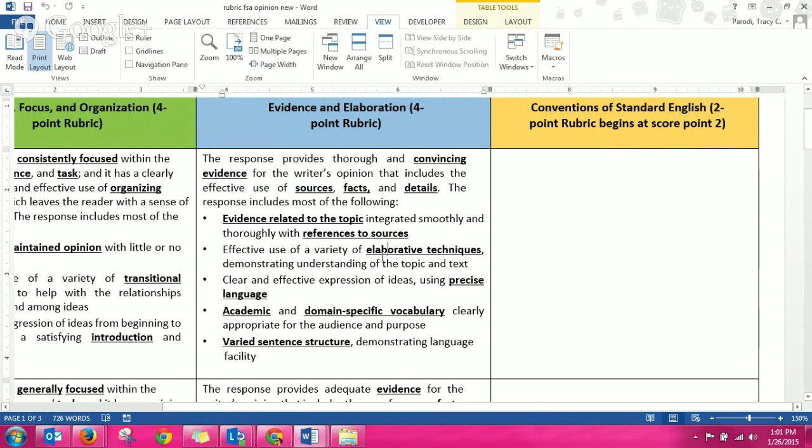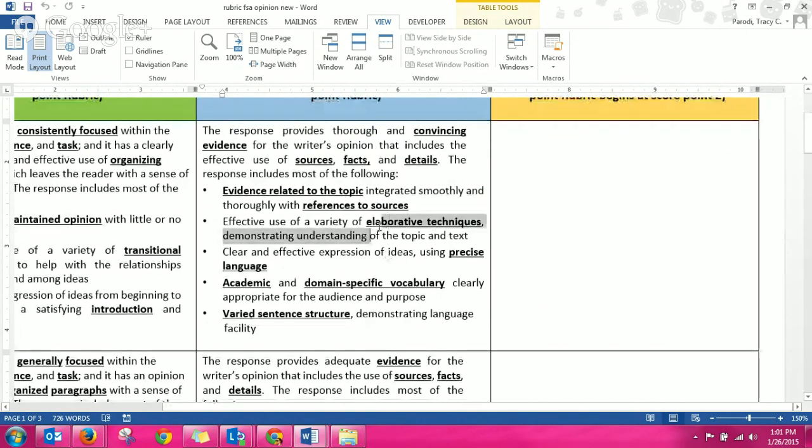So if you borrow a really good fact from one of the passages and it's a scientific fact that might be a little confusing to someone else, your ability to break it down in the next sentence and explain it a little bit better, that's an elaborative technique. So they're looking for you to be able to do many different types.